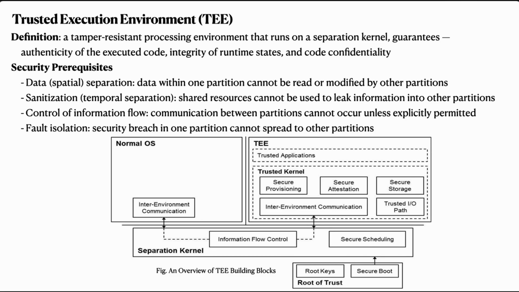Control of information flow means the communication between partitions cannot occur unless specifically permitted. It also has fault isolation, meaning when there is a security breach in one partition, it cannot spread to other partitions. And the secure boot of TEE architecture is established by a chain of trust.